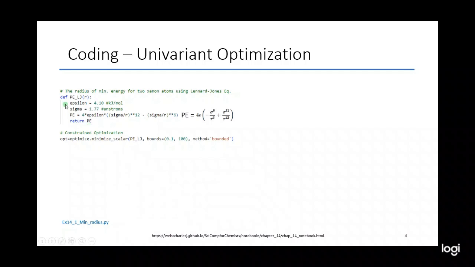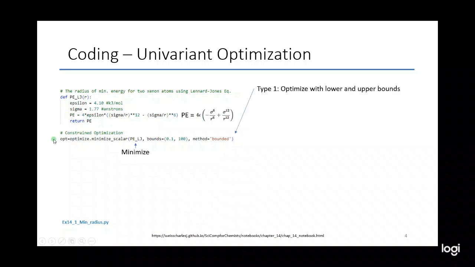Inside the user-defined function, epsilon and sigma are assigned values of 4.1 kilojoule per mole and 1.77 angstroms respectively. The function also incorporates the Lennard-Jones potential energy equation as shown here.